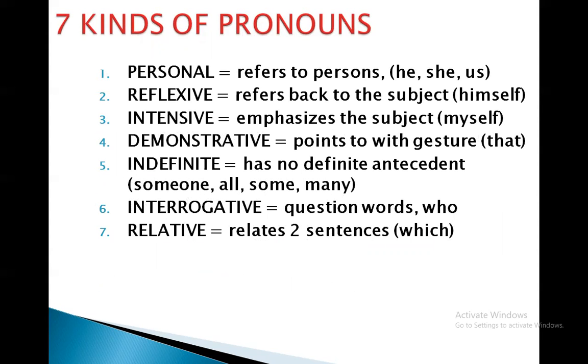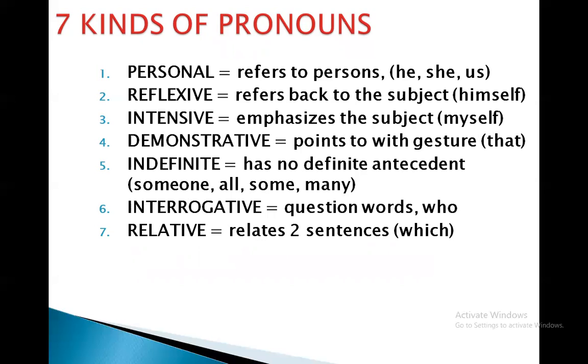When we learn about different types of pronouns, let's see how many types there are. Pronouns are of 7 types: personal pronouns, reflexive pronouns, intensive pronouns, demonstrative pronouns, indefinite pronouns, interrogative pronouns, and relative pronouns.